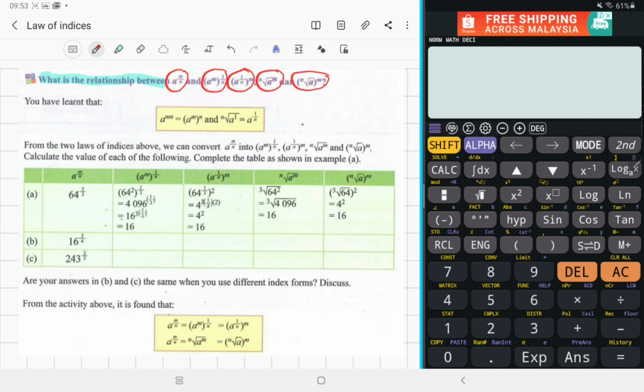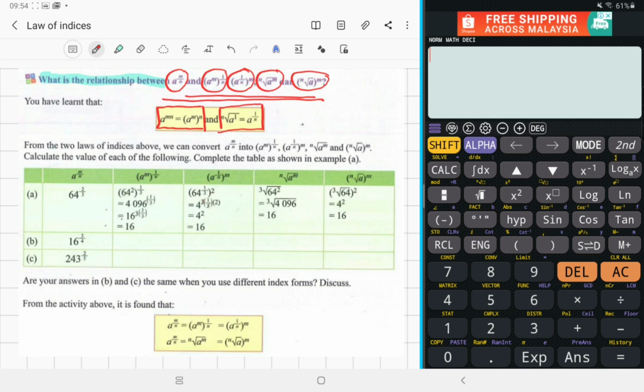Actually all these forms will derive the same value. You have learned this already: a to the power of m over n is equal to these, and the nth root of a can be written in the form of a to the power of 1 over n.